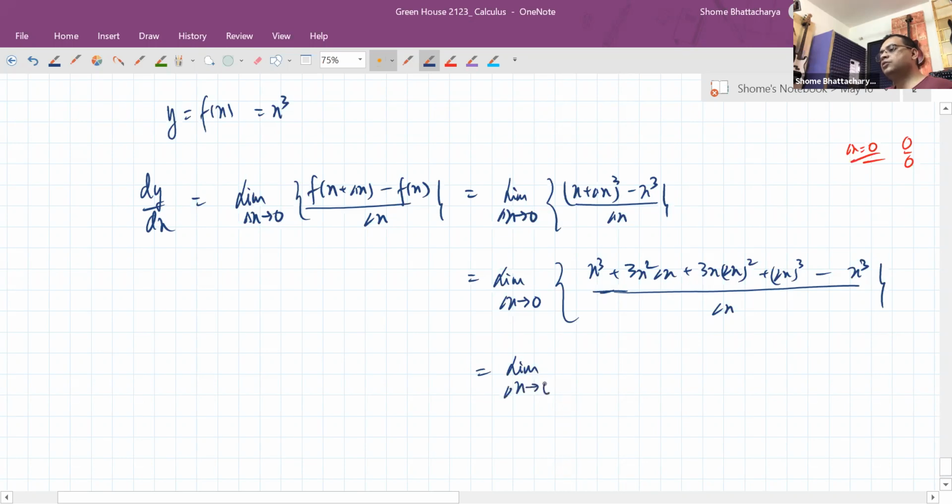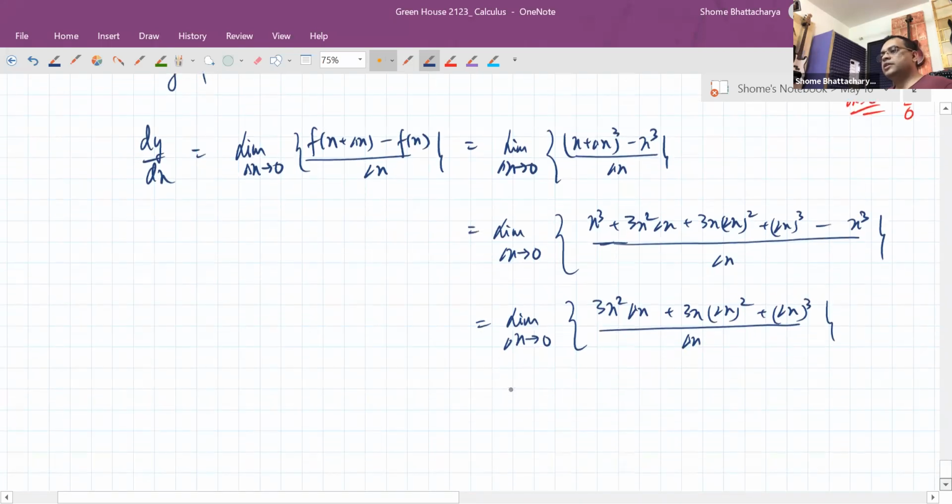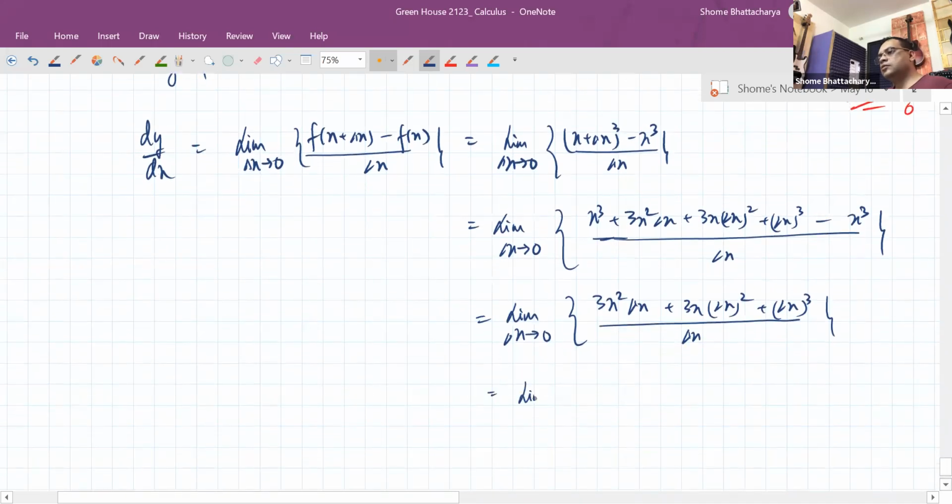Now see, we are coming to a very critical step. 3x square into delta x, plus 3x into delta x square plus delta x cube, divided by delta x. So that is becoming, now take delta x common.